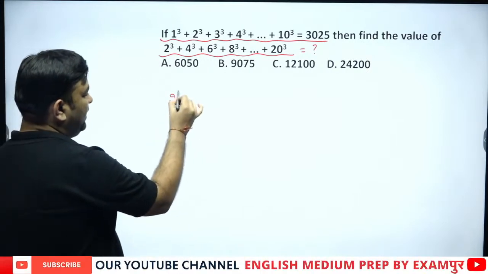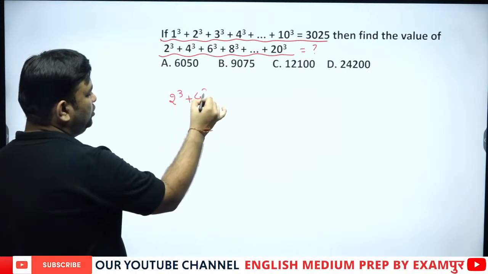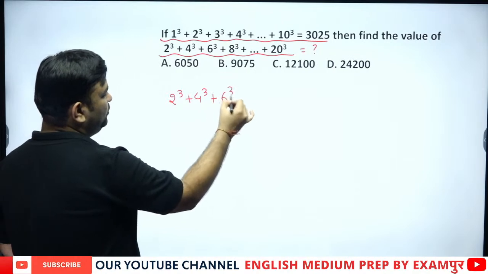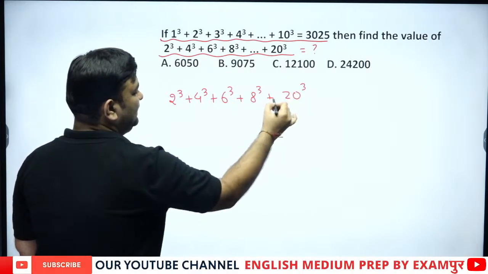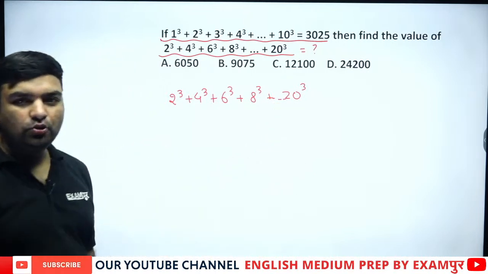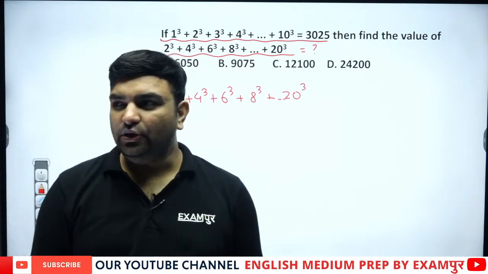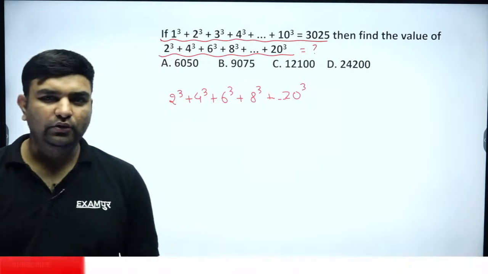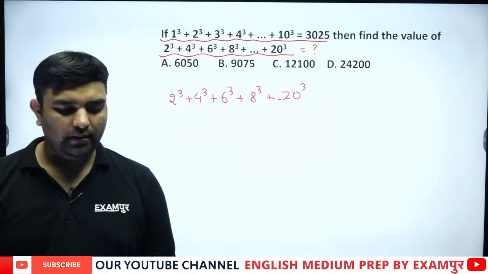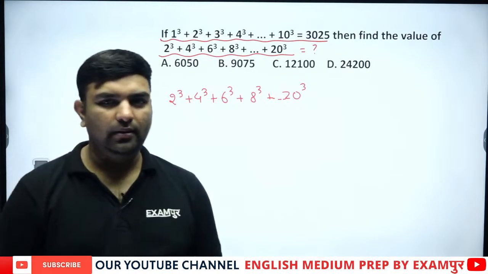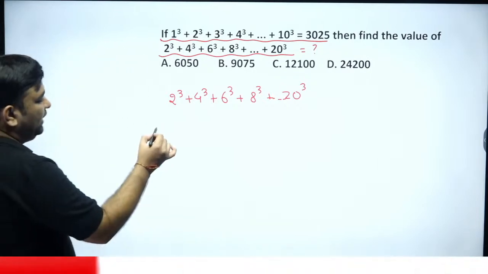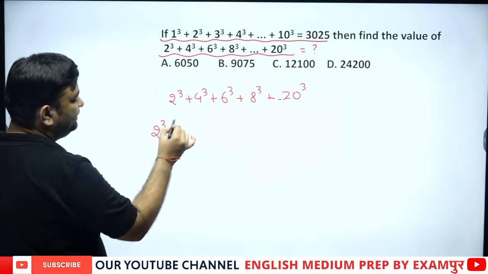When finding 2 cube plus 3 cube plus 4 cube up to 20 cube, will you take 2 common, or will you take 2 ka cube common? Obviously you have to take 2 ka cube common outside.